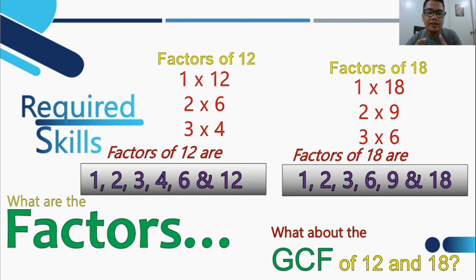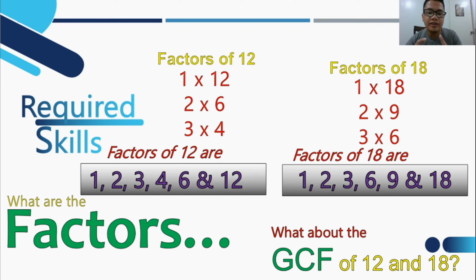By now you will be able to recall what GCF is. But aside from that, we also have to use our basic arithmetic skills, particularly division, because we will be using division for simplifying fractions.